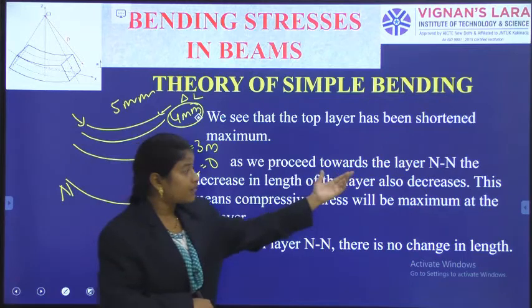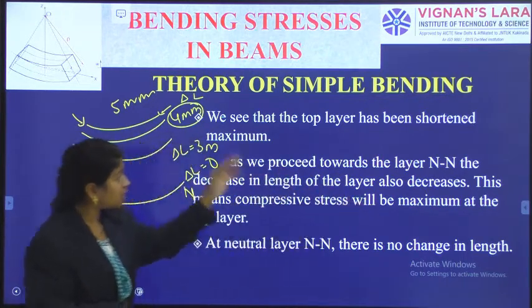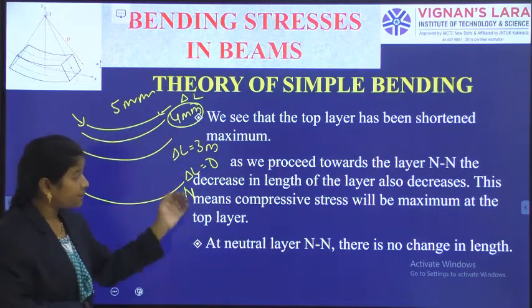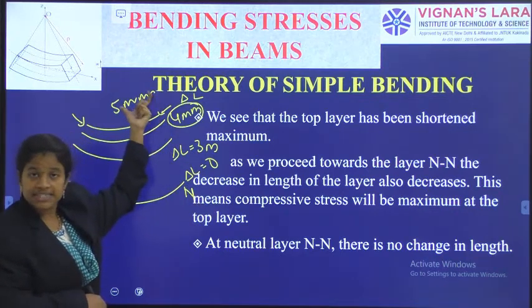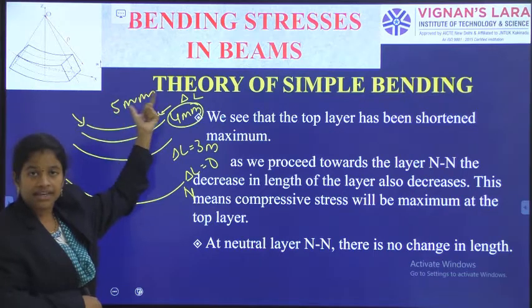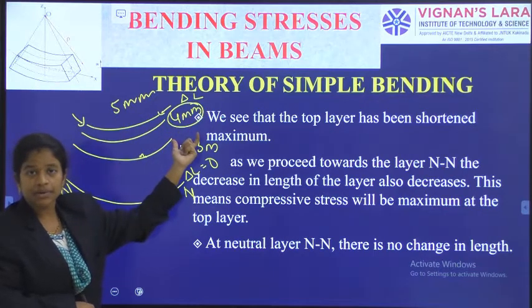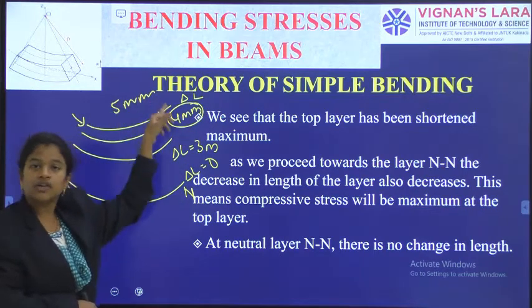Now, when we are moving towards the neutral layer from the topmost layer, the decrease in the length is decreasing. 5 mm decrease in the length, 4 mm decrease, 3 mm decrease. So the values are also getting decreased.